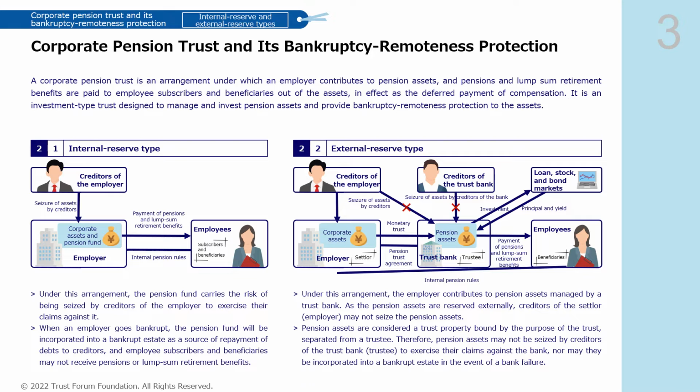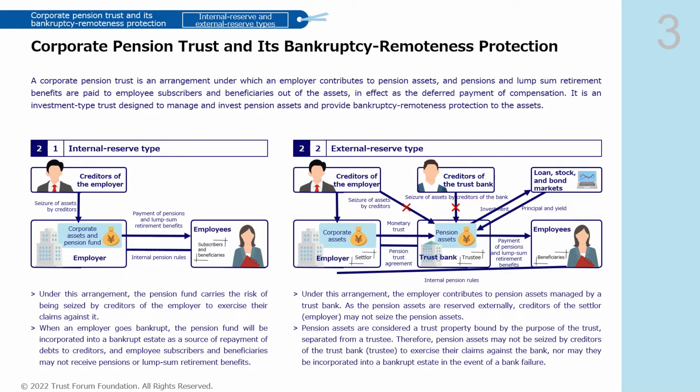Trust banks that serve as trustees are not immune to bankruptcy. Should a trust bank fail, trust property under its management will receive special legal protection under the Trust Act. Trust property is legally owned by a trust bank, but is bound by the purpose of the trust. It's treated separately from the bank's own property and reserved for the designated beneficiaries.